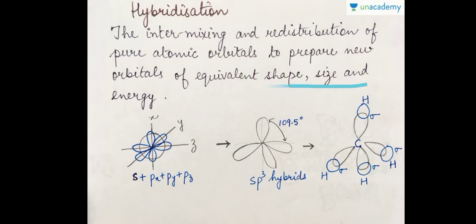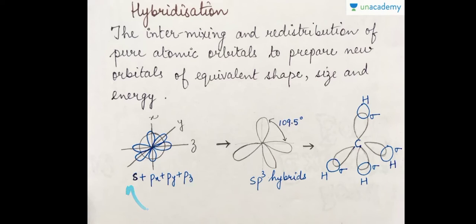Here we have the example of a methane molecule. A methane molecule would be formed by the 4 orbitals of carbon, the s and 3 p orbitals. The s orbital has a different energy, whereas the p orbitals are different in energy, shape and size from the s orbital.